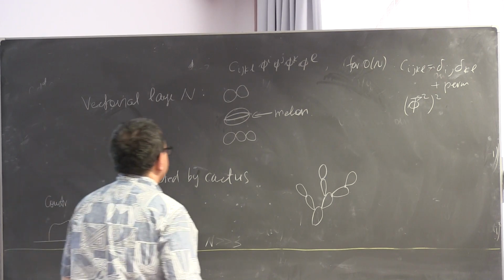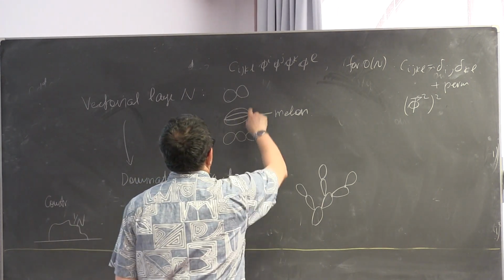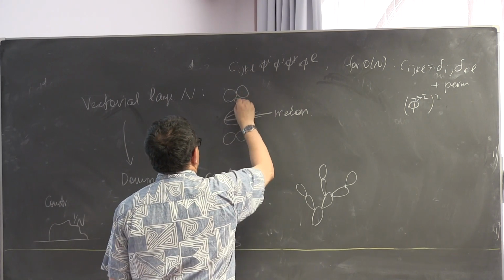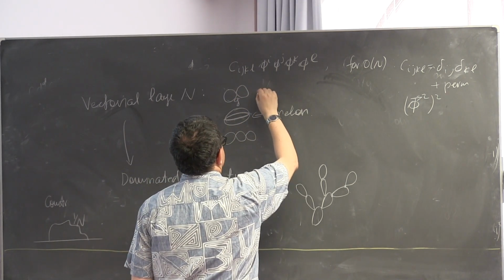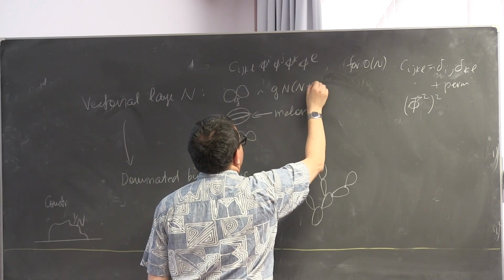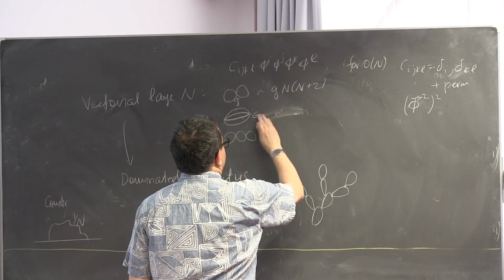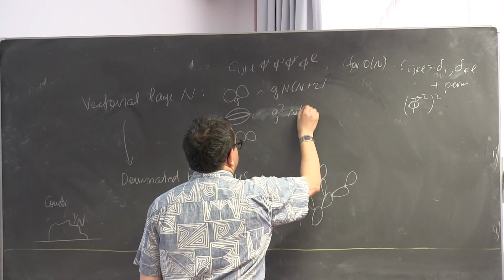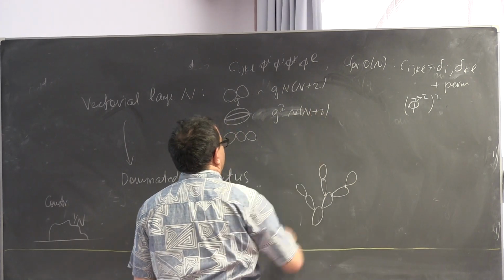Because if you look at, for example, the contribution of this vacuum diagram, it has one power of g. So this diagram scales like g(N+2). And this one scales like g squared (N+2).